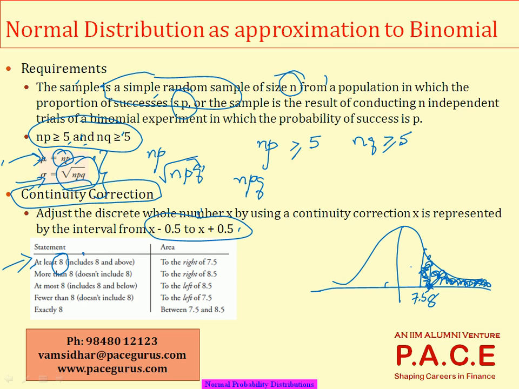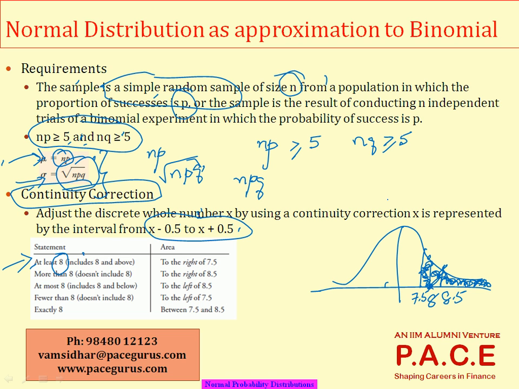Similarly, when the question says not greater than 8, which means it should not include 8, then I will start from 8.5 and above. When it includes a particular value, I'll start from below it. If it should not include it, then I start 0.5 above it.